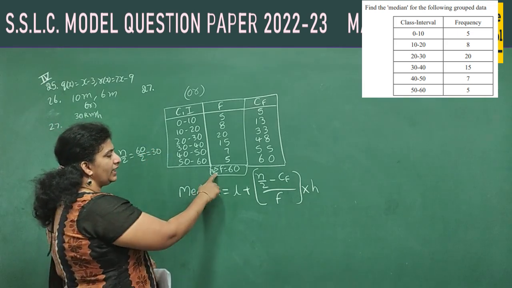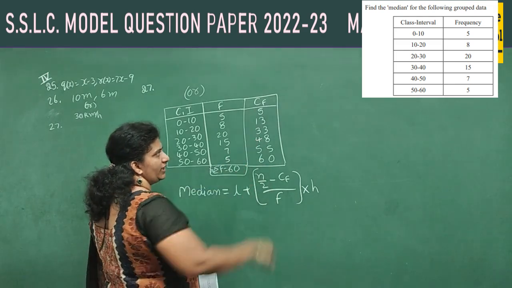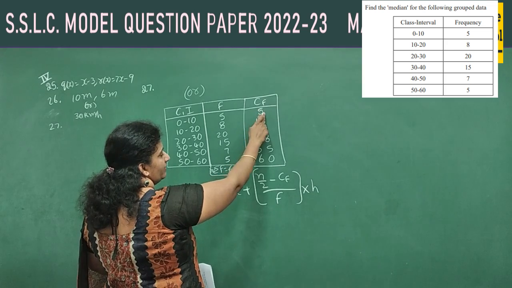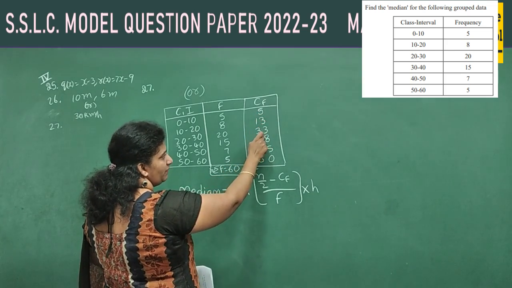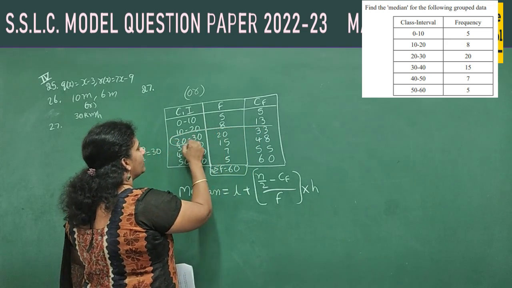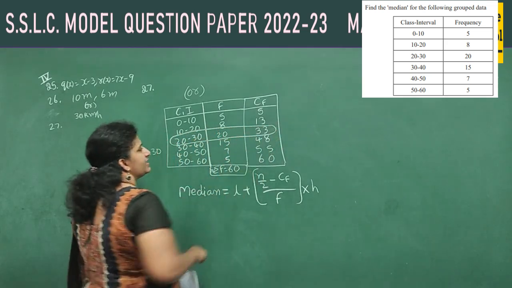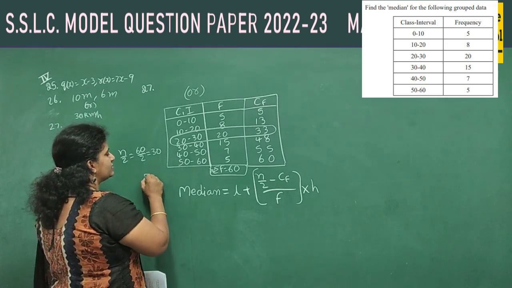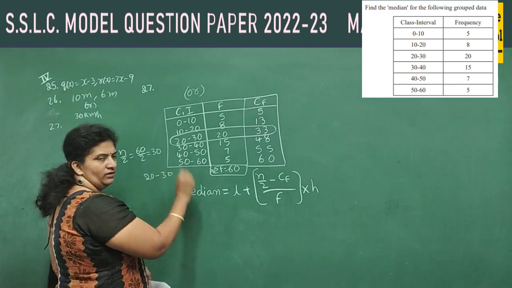Okay. 30, observe in cumulative frequency. 13, 33. That means 30 will be here. So just round up with a pencil and say this is only the median class. You need to write median class 20 to 30. You can write here. Right?